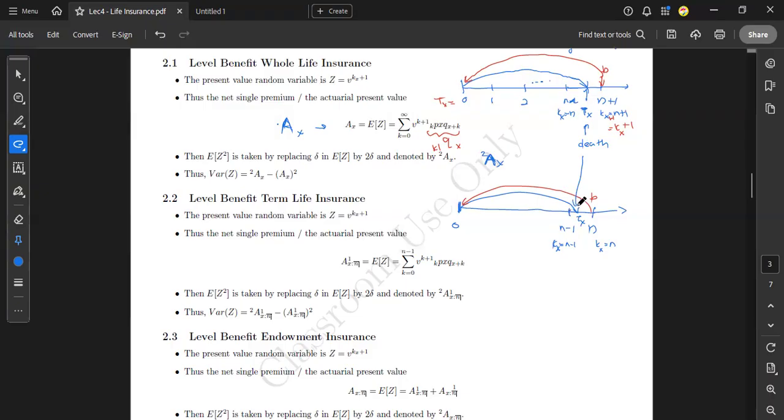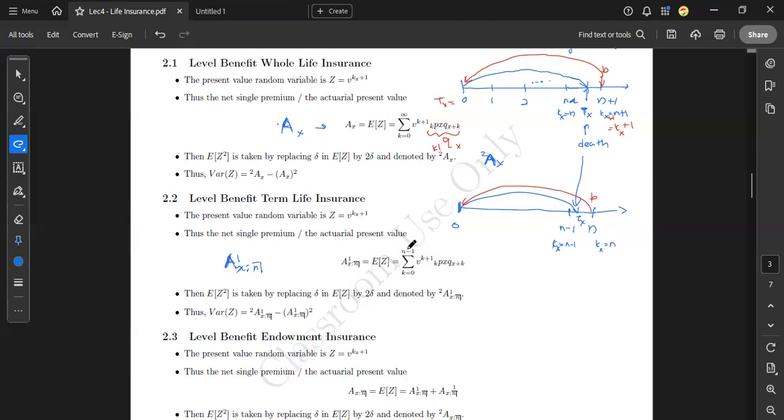So the maximum value that k can take is n minus 1, because once this T_x passes this n, it goes beyond the coverage period and the benefit becomes 0. That's why the actuarial present value of a term life starting from x and going for n years is given in this way without the bar, and the summation goes from k equals 0 to n minus 1. You can see that v to the power k plus 1 is the present value random variable.